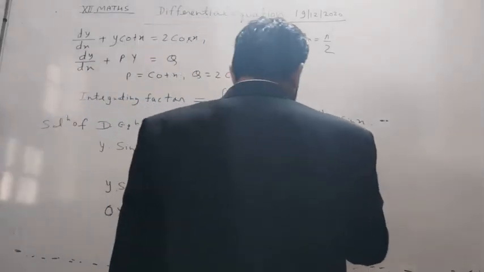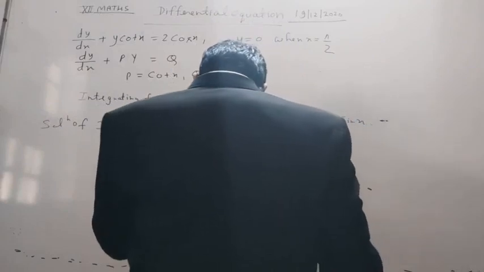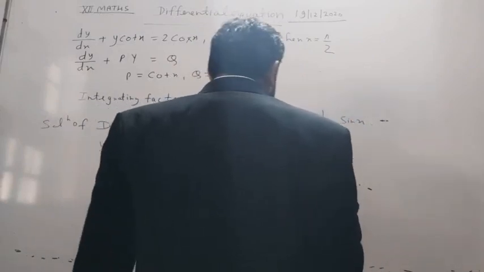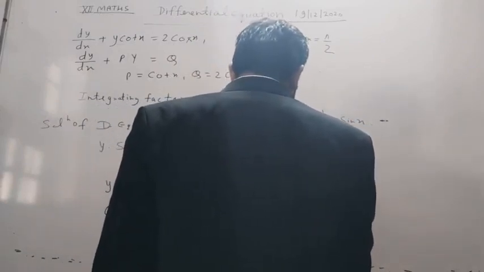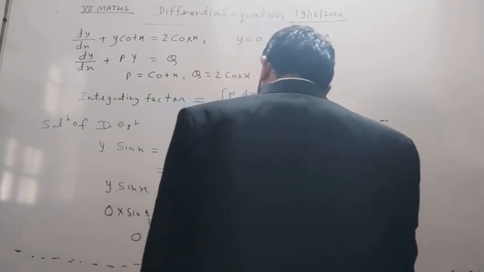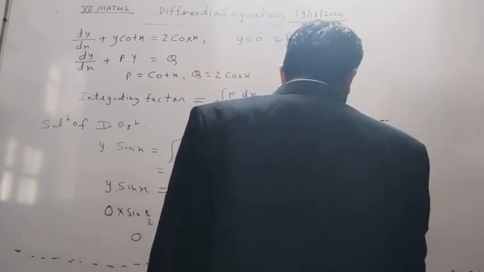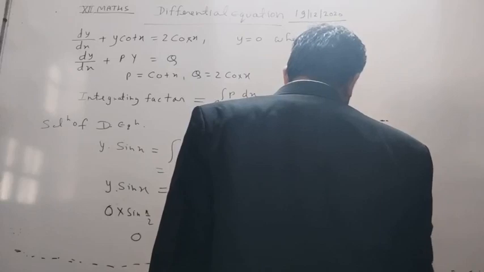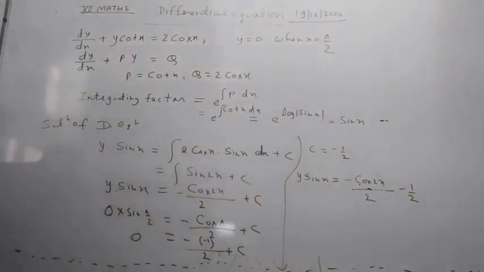So c is equal to 1 by 2. Okay, now we put the value of c here. y sin x is minus cos 2x by 2 plus the constant.